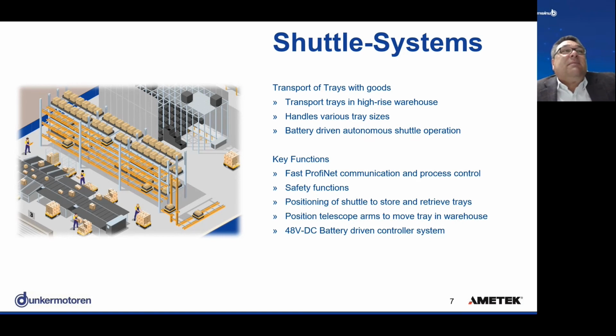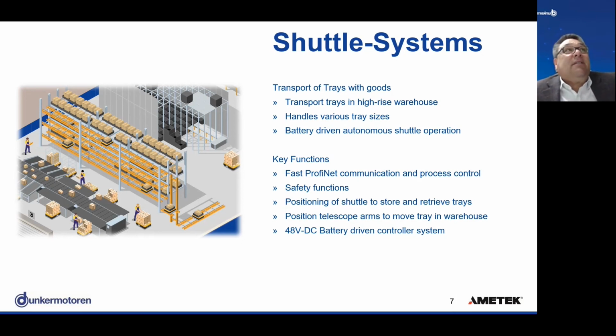As there are also sometimes people involved, safety functions are necessary. Positioning is crucial for the system to move the shuttle right in front of the good to be transported with an accuracy of 1 millimeter or less, so that the telescope arms move in and out of the warehouse without crashing into the transported goods.